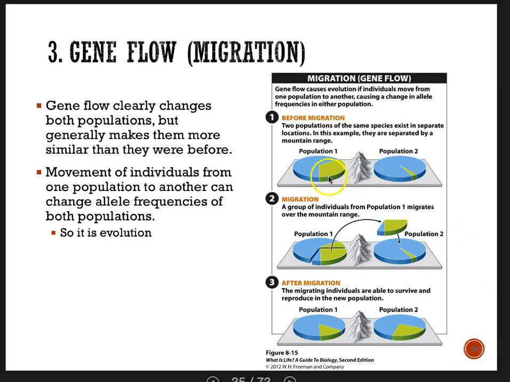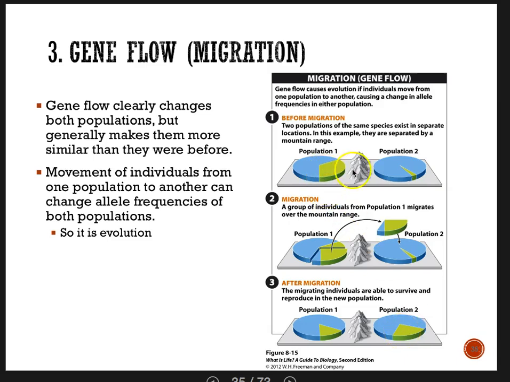So we have a population where a big subset has the recessive allele being predominant. They move to a population where the recessive allele isn't quite as predominant or frequent, and it changes the population. The other thing that I hope you notice about migration is that it makes the two populations become more similar to each other.